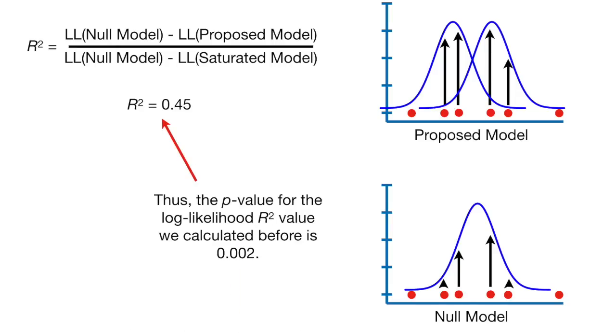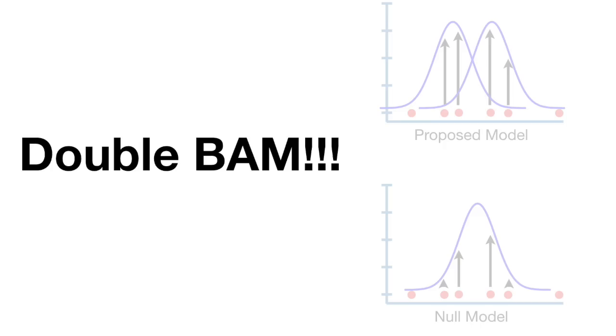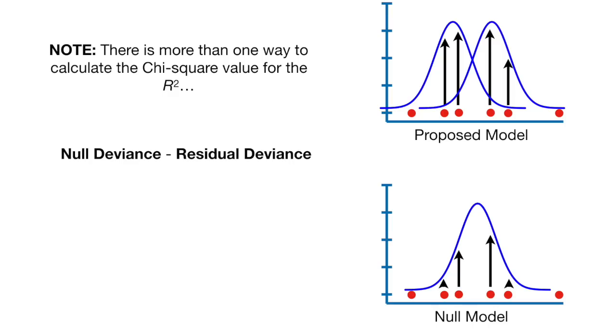Thus, the p-value for the log likelihood r squared value we calculated before is 0.002. This means that not only does our model have a reasonable effect size, the r squared value, we know that value is not by chance. Double bam! Note, there is more than one way to calculate the chi-squared value for the r squared.